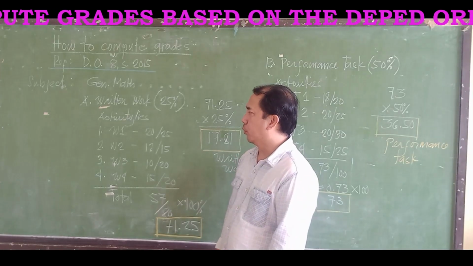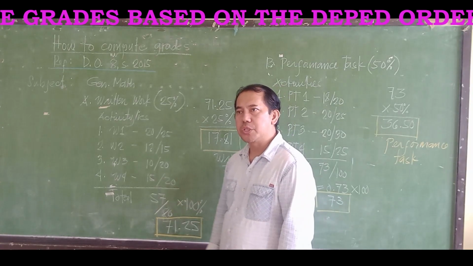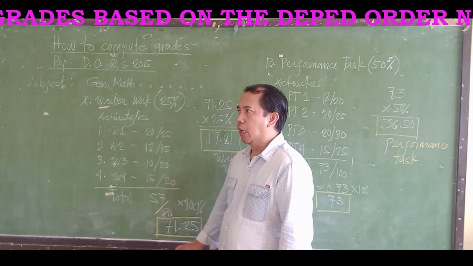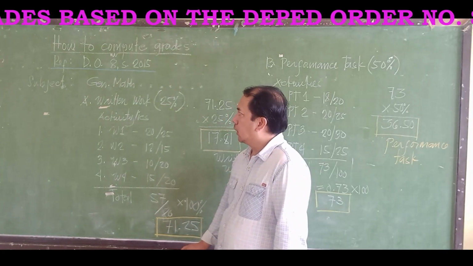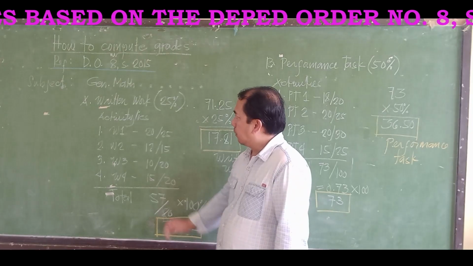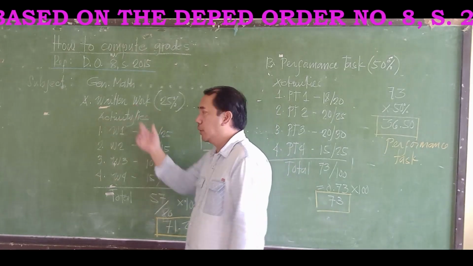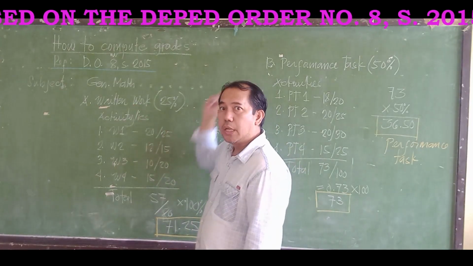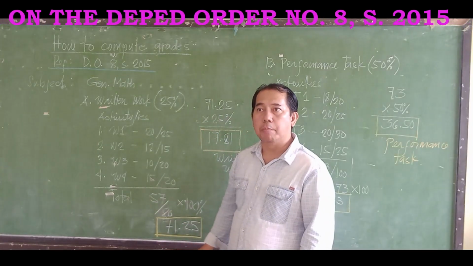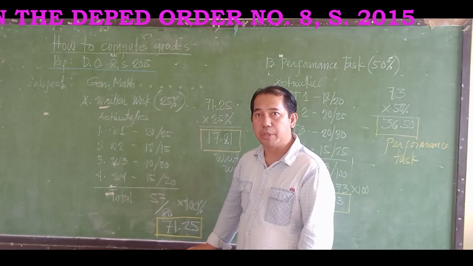So when we compute the grades under the Senior High School, the criteria are the following: the written work, the performance task, and of course the periodical examination.